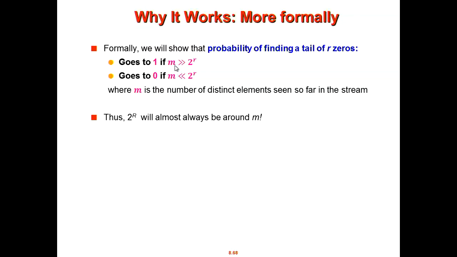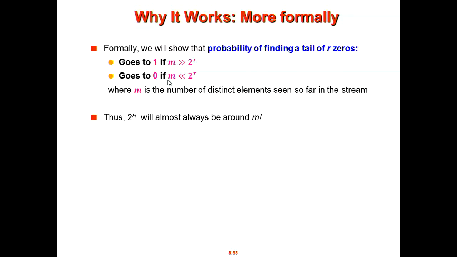The reason is that M is much larger than 2 to the power of R, so the value is very large. So we are able to find the tail of R 0s because R is relatively small compared to M. But on the other hand, if M is much smaller than 2 to the power of R, the probability of finding a tail of R 0s will be very small.